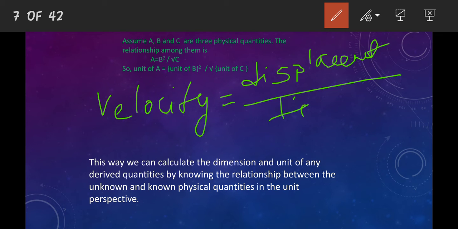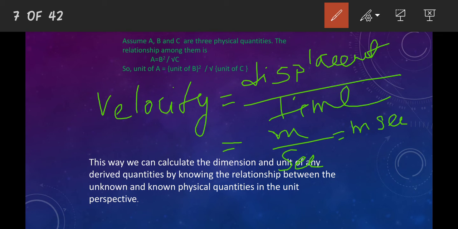Displacement means length, so the unit of displacement in SI is meter and time is second. So meter second to the power minus 1. We write it in power, so second comes up and the power will be minus 1.